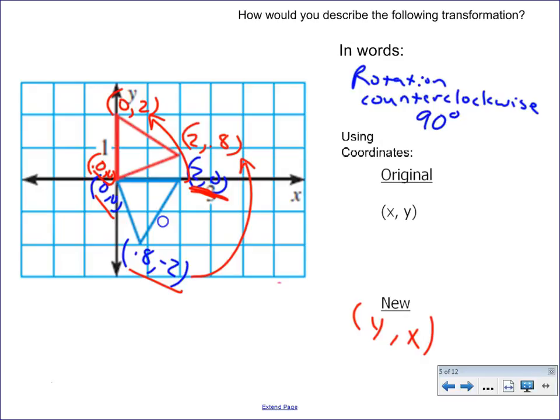And if that works here, 0.8, -2, that flips, but then notice this point, the y coordinate becomes the opposite, changes signs. That happens here too because 0 becomes its opposite, isn't affected. So the rule then we would say is (x, y) becomes (opposite of y, x). We'll take a look more at how we come up with those rules with some more examples here.